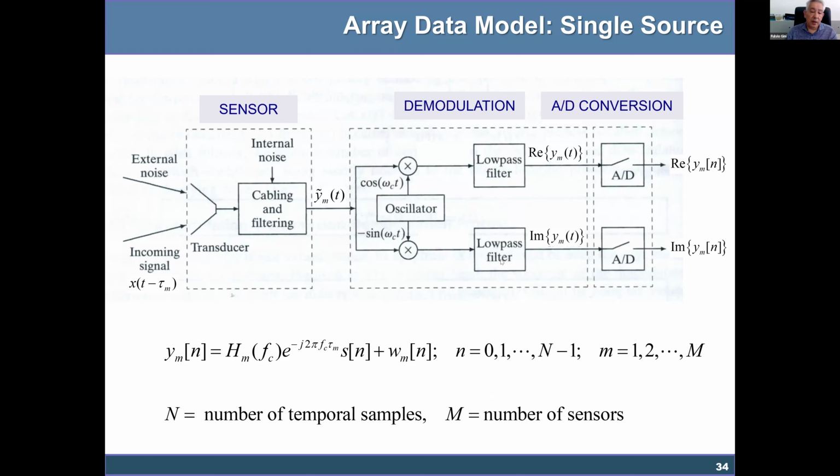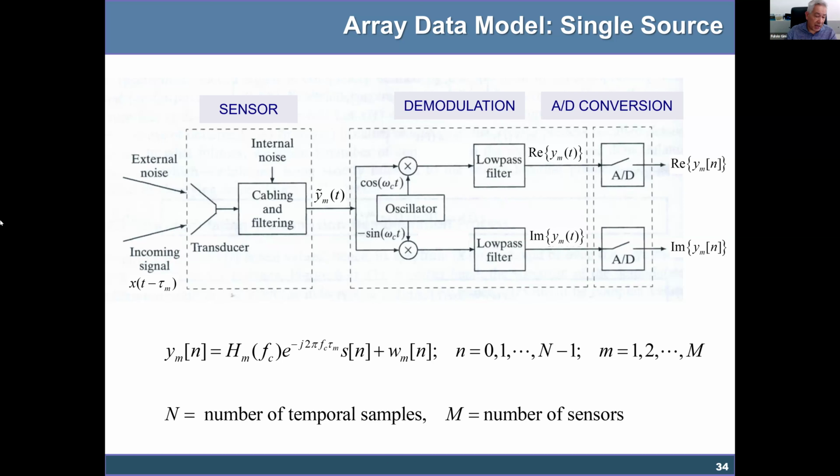Then, after mixing, we send the signal to a low-pass filter, we obtain the in-phase and quadrature signals, and then we sample them. And so we obtain the real part and the imaginary part of the complex envelope by using this double-branch receiver with the in-phase branch and the quadrature branch.